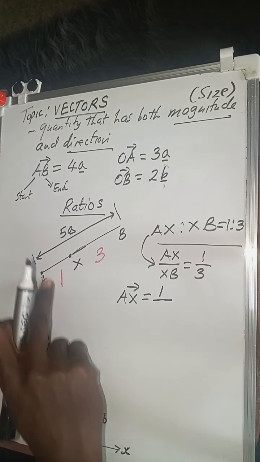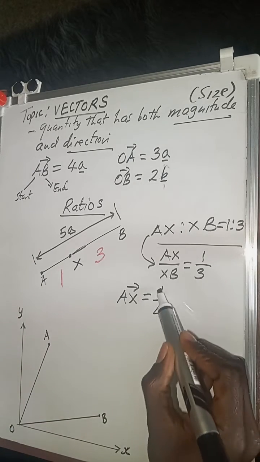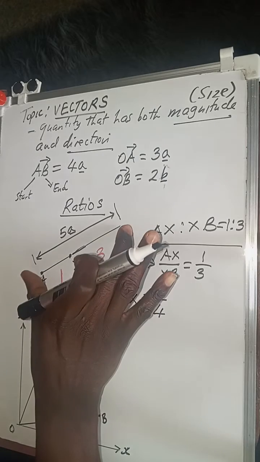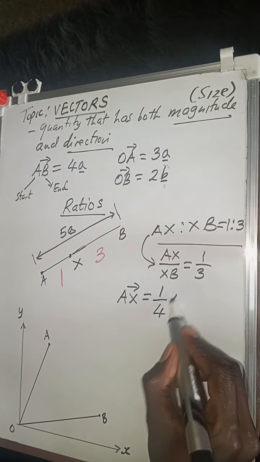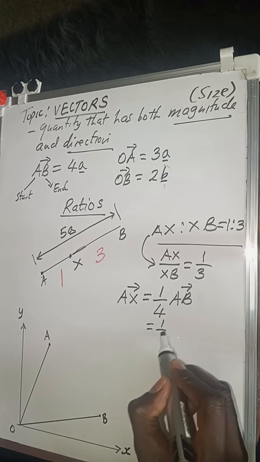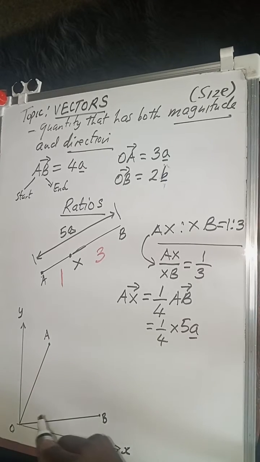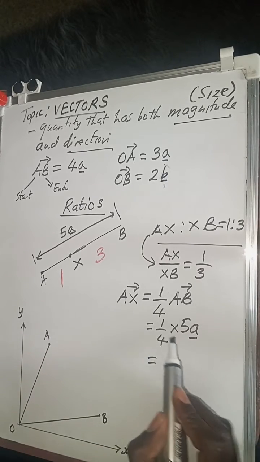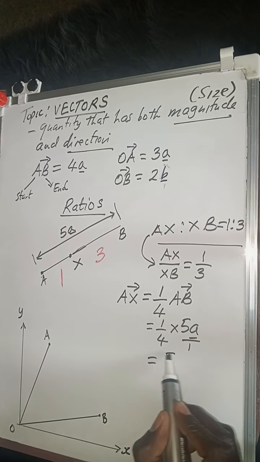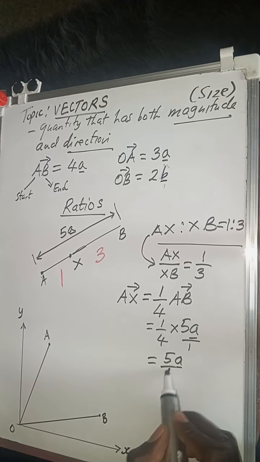You add the ratio 1 plus 3, which gives you 4. So it is 1 over 4 multiplied by the magnitude of the whole vector AB, which is 1 over 4 multiplied by 5 vector A. If you multiply that, 1 times 5 gives 5 vector A, and 4 times 1 gives 4.